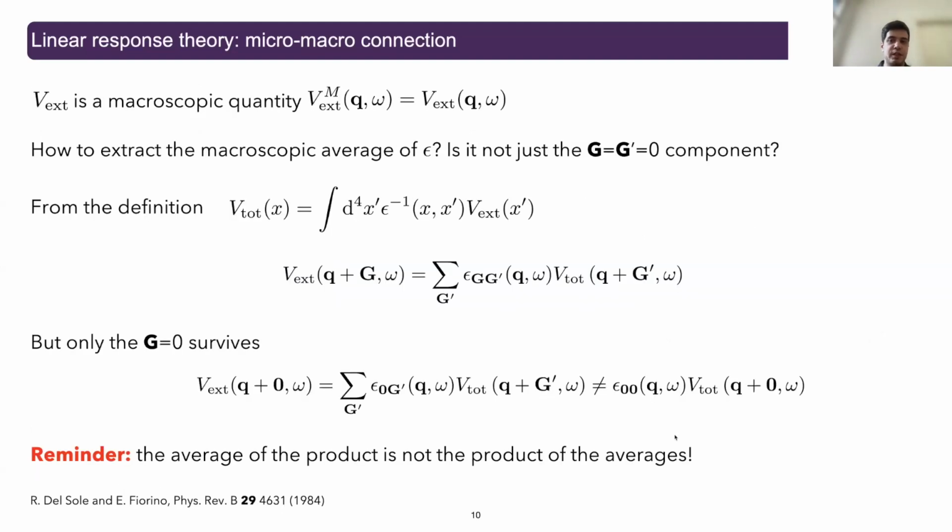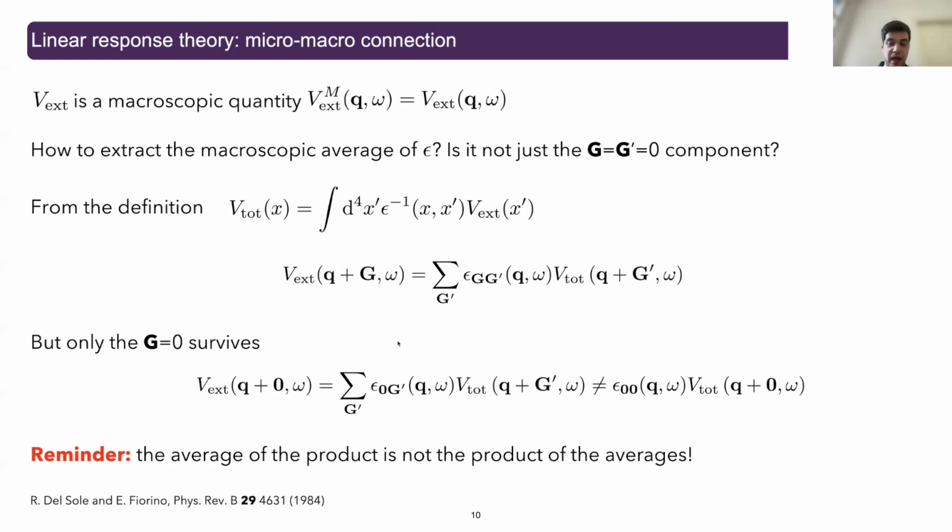But the external potential is by definition a macroscopic quantity. So you might be tempted to say that the macroscopic average of epsilon is just the microscopic value for which G and G prime are equal to 0. Well, we can show that this is not the case. We start by inverting the equation that links the total and the external potential and look at the contribution to each Fourier component.